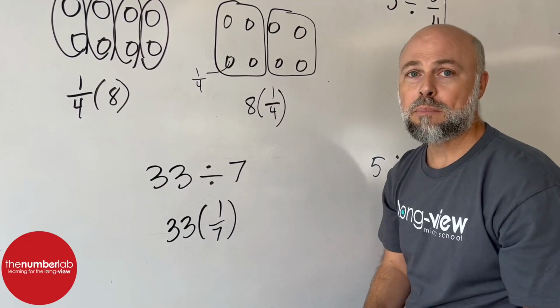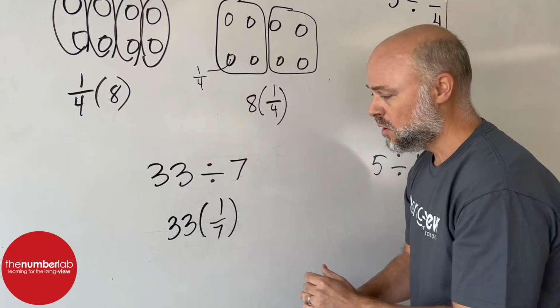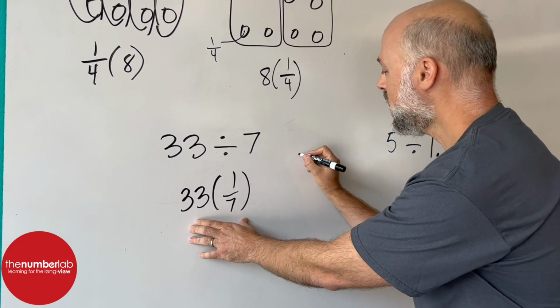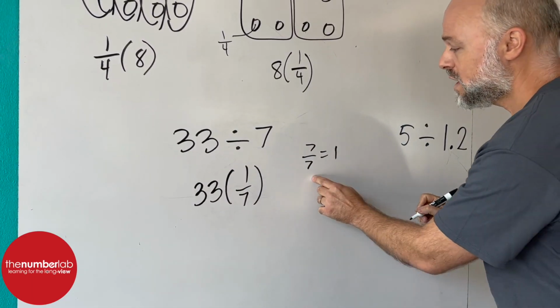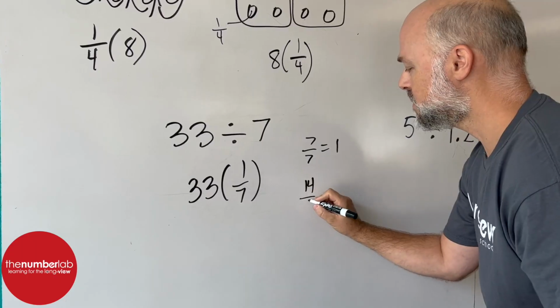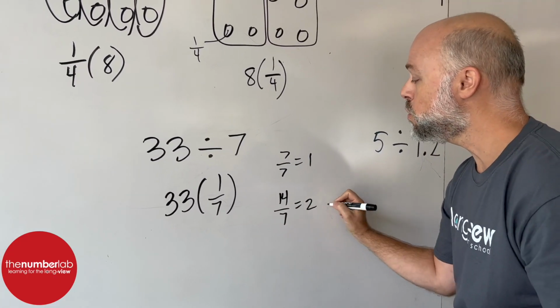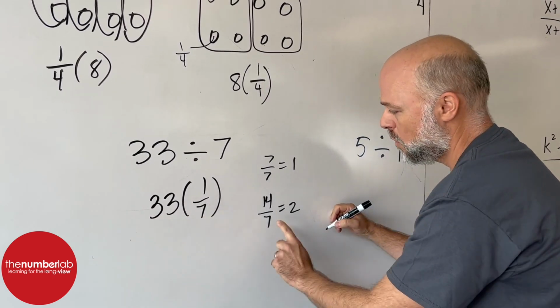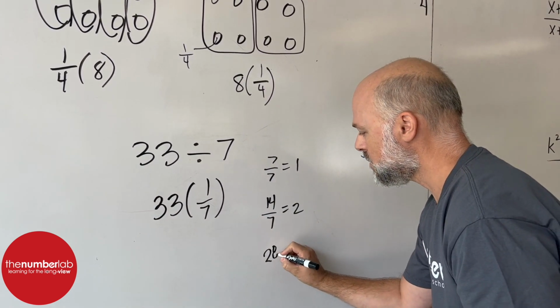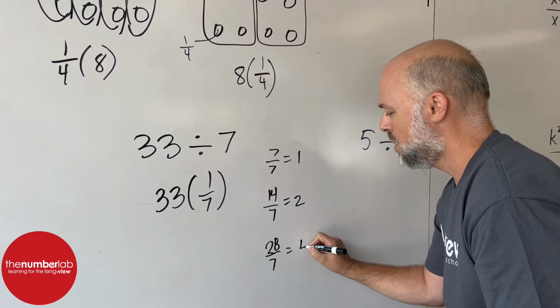Now, if we had to wrap our heads around how many wholes is that? Well, what do we know about sevenths? We know that 7/7 is 1 whole. Great. We could double that and get ourselves to 14/7. That's 2 wholes. We're getting closer to 33/7. That's how many we have. Well, if I double again, we have 28/7 for 4 wholes.